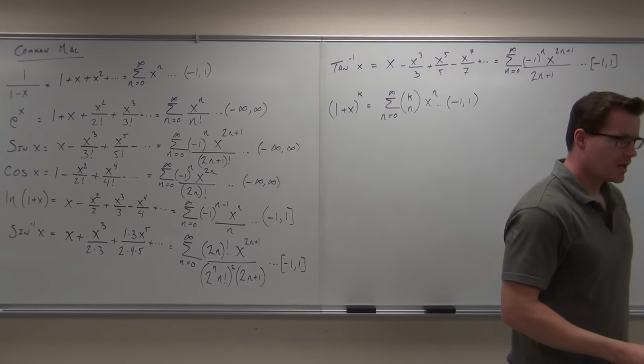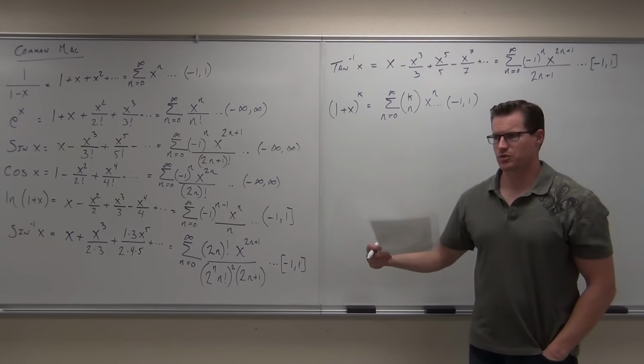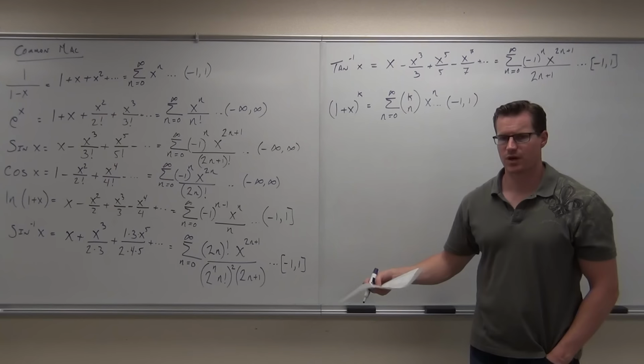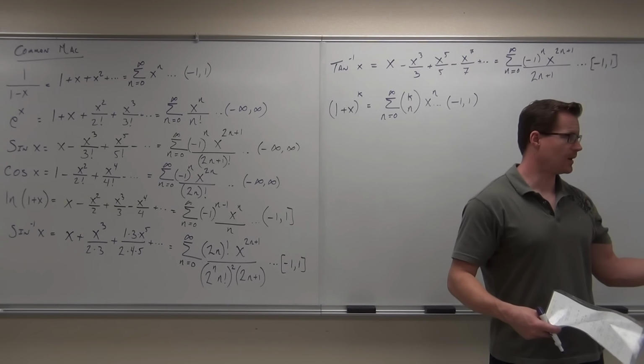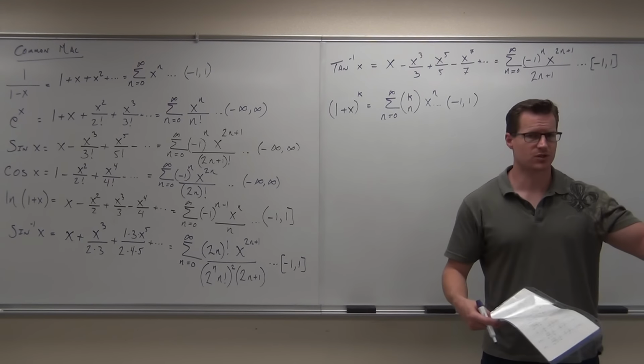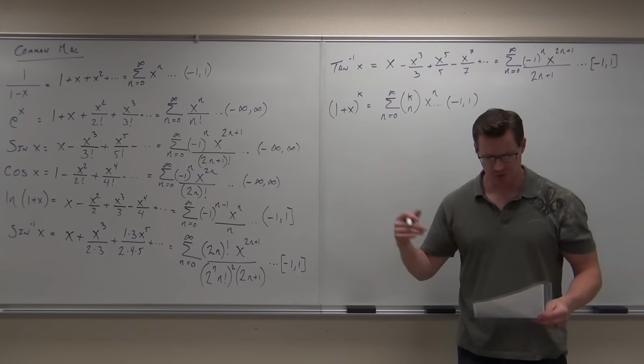There are special cases, okay? If k is a positive integer, it's all real numbers. If k is between 0 and -1, then we get 1 included. If k is above 0, then we get both endpoints included. So there are special cases there.